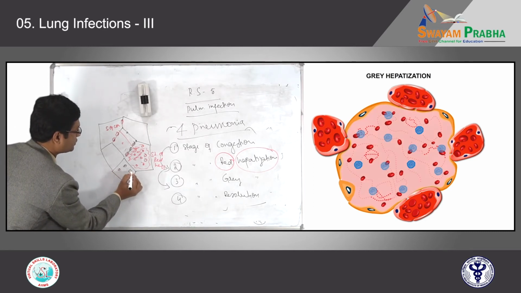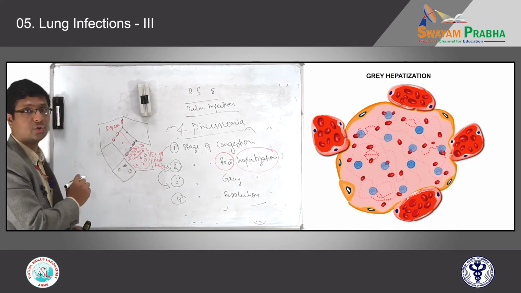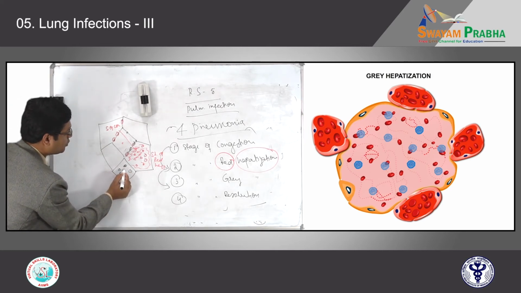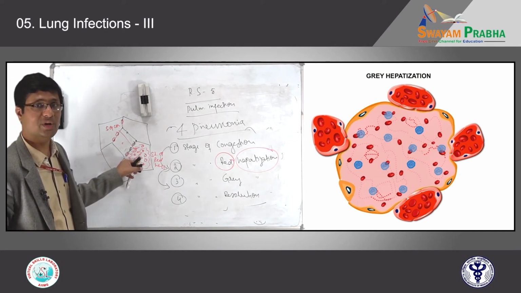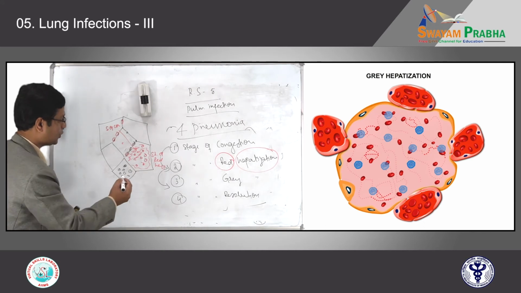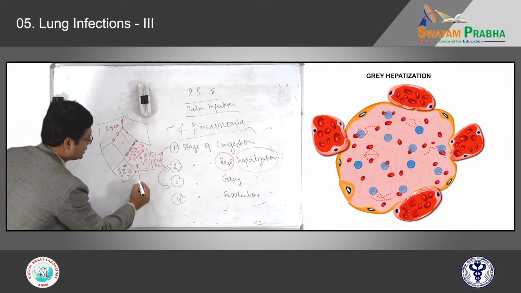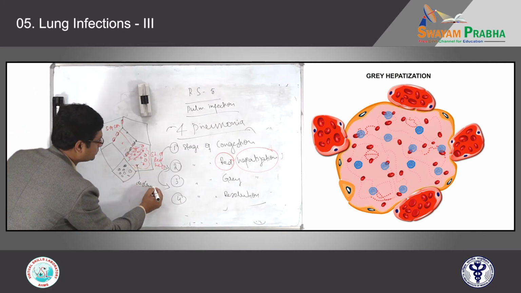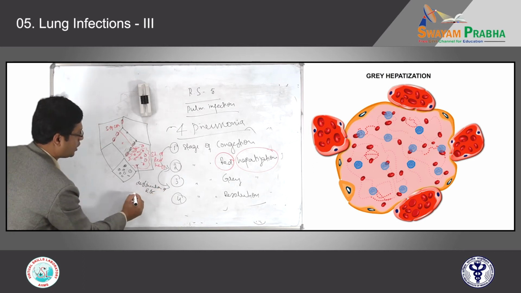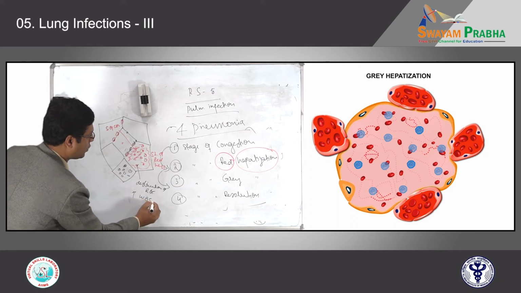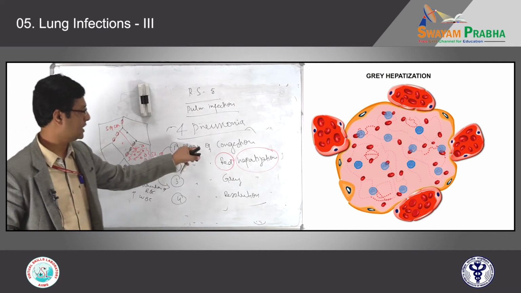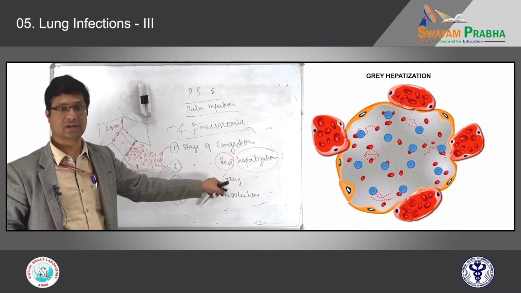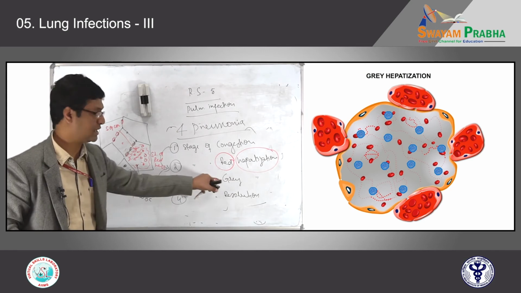These are all WBCs, nothing but nucleated cells. So more and more WBCs will start accumulating, and the RBCs which are there in the alveolar lumen will be destroyed. So in these alveoli, there is destruction of red blood cells and more accumulation of white blood cells. It loses the redness in color and it becomes gray color. That's why it is gray hepatization.